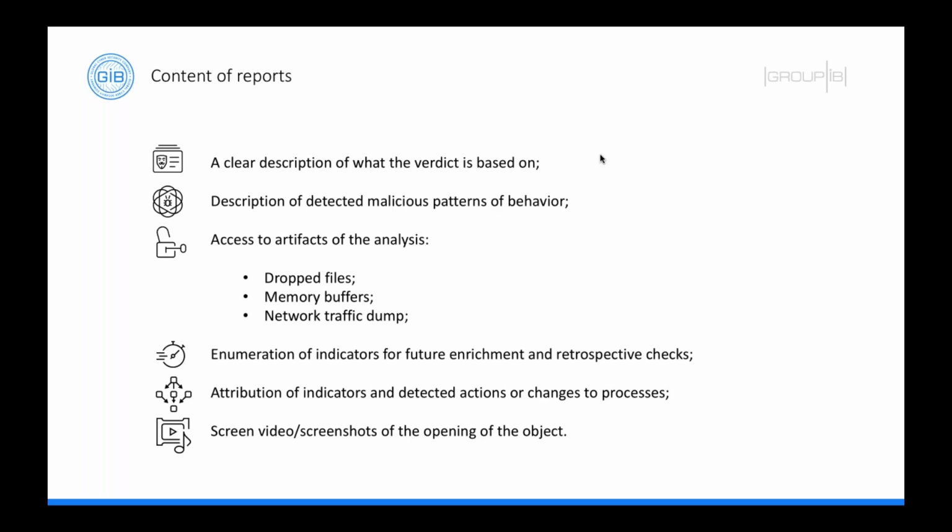So the description of detected malicious patterns of behavior should be available in the report 100%. They should be written in human readable language, describing what this sample actually does. If it injects its code into other processes, it should be written there, and there have to be all the details about this behavior: what code, into which process, maybe a dump of that code that was injected.